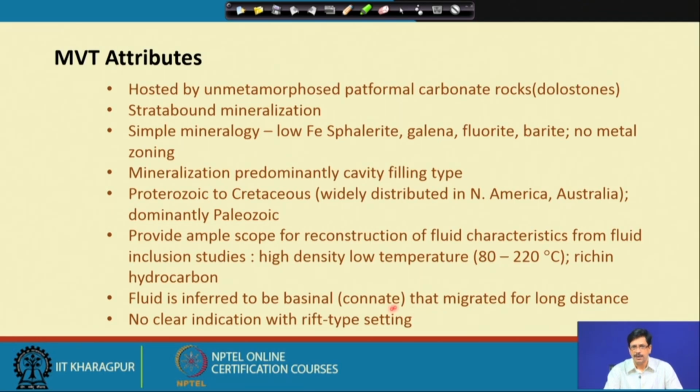Then there are many ideas that were proposed, like whether the metal and the sulfur were carried together, or the metal and the sulfur were derived from different types of fluid, and that detailed discussion is out of scope for this discussion.